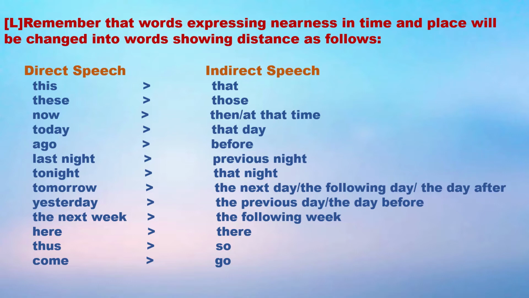This changes to that, these changes to those, now changes to then or at that time, today changes to that day, ago changes to before, last night changes to previous night, tonight changes to that night, tomorrow changes to the next day or the following day, the day after.